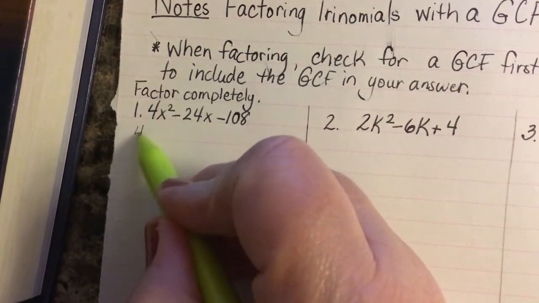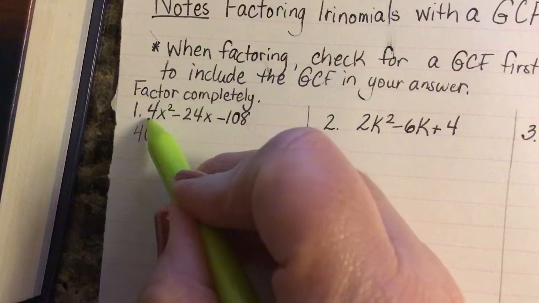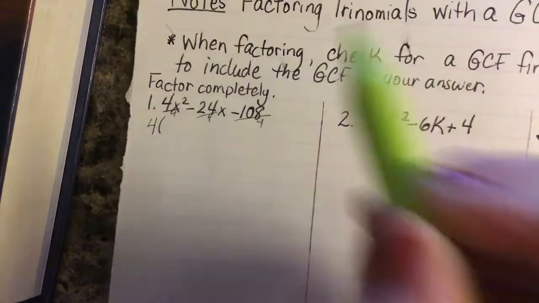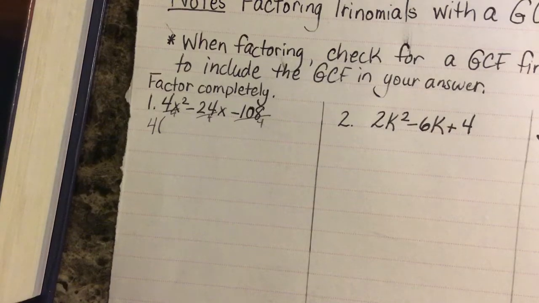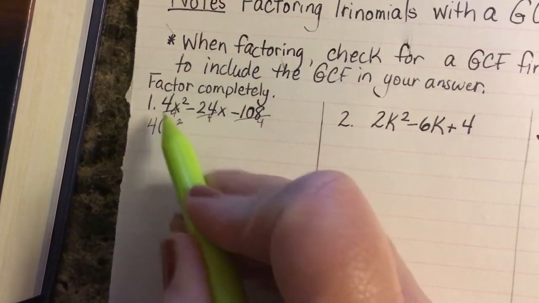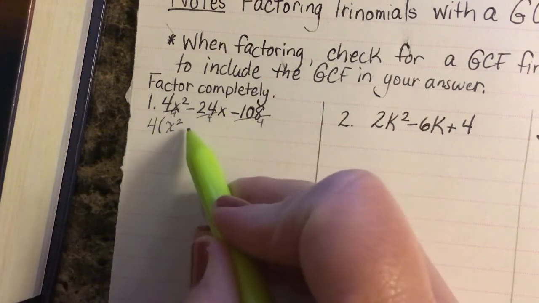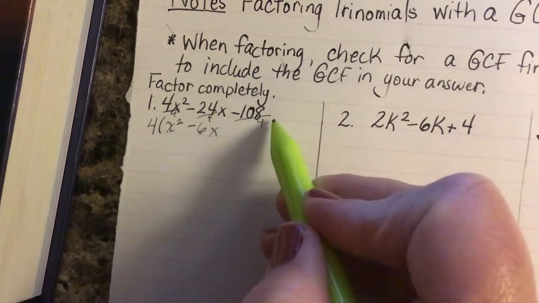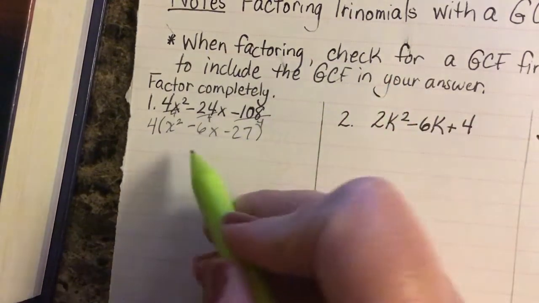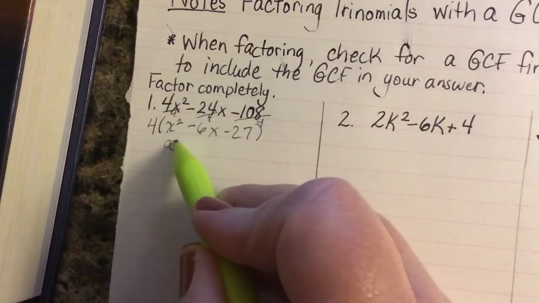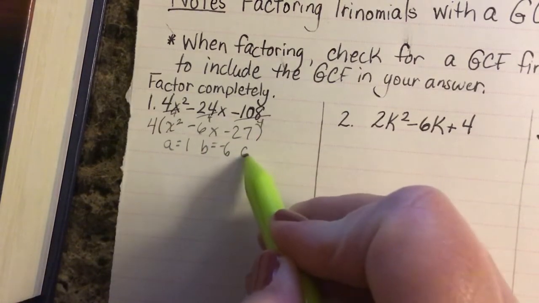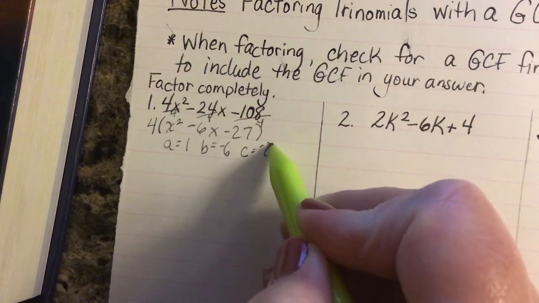Okay, so when you factor out the greatest common factor, you divide each of these by that number and then write what goes inside here. So I'll have x squared, 1x squared, minus 6x minus 27. Now, I can name my a value, my b value, and my c value.